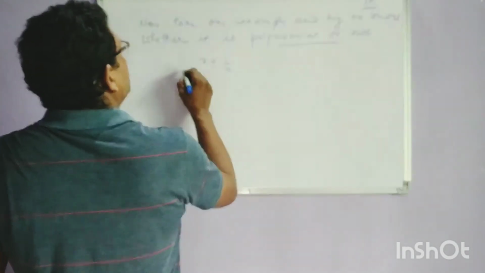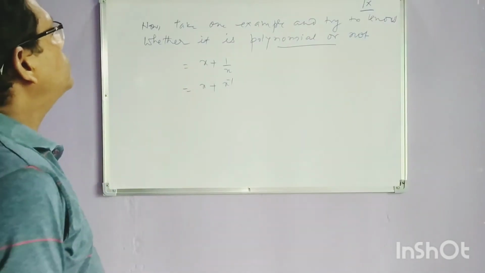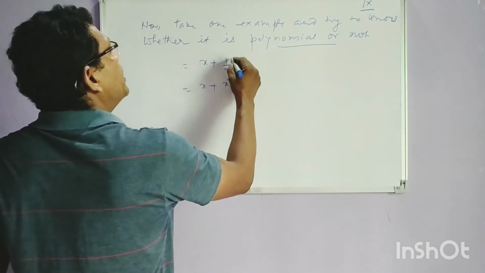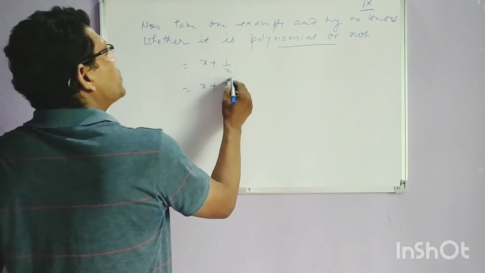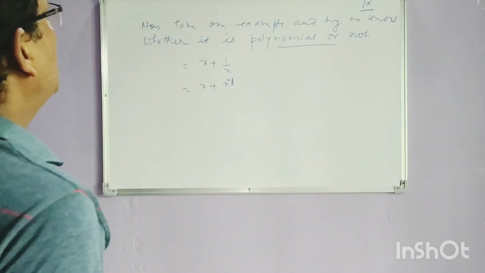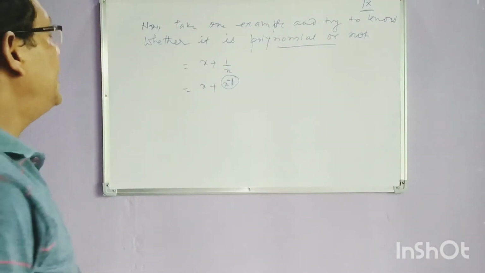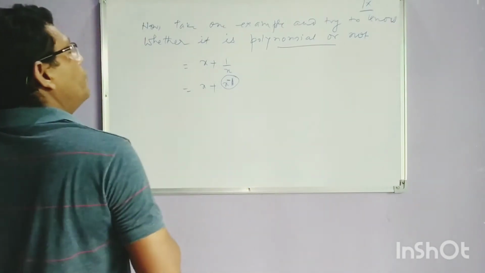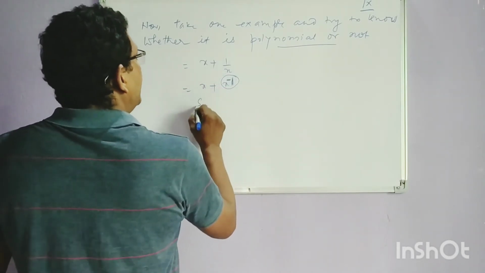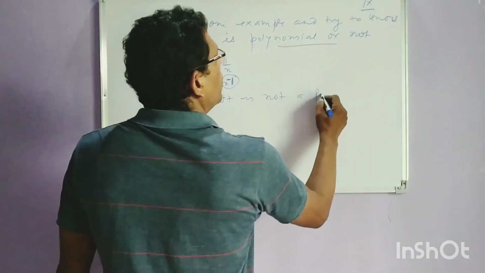So we solve it. x plus x to the power minus 1. Because x is in the denominator, when you raise it to the numerator, there will be minus 1 power. So as per the definition of polynomial, we know that the variable must have non-negative integral power. But here we find x has negative power, minus 1. So it is not a polynomial.